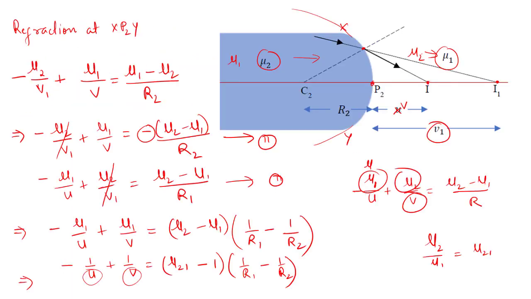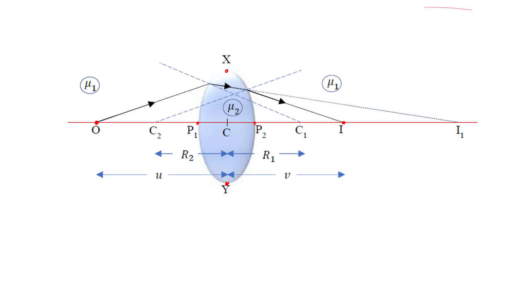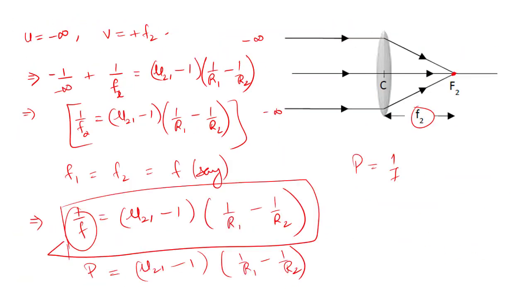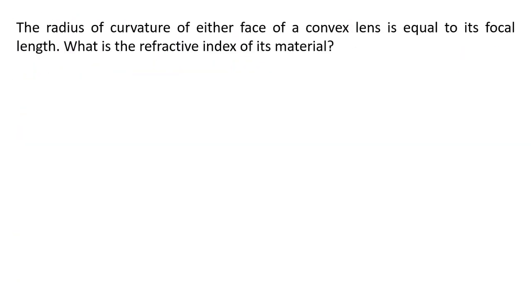Here, R1 is on the positive side, on the right side. R1 is positive, R2 is negative. So we have to take R1 as positive f. It is equal to the focal length. And R2 is also equal to the focal length, but it is negative.